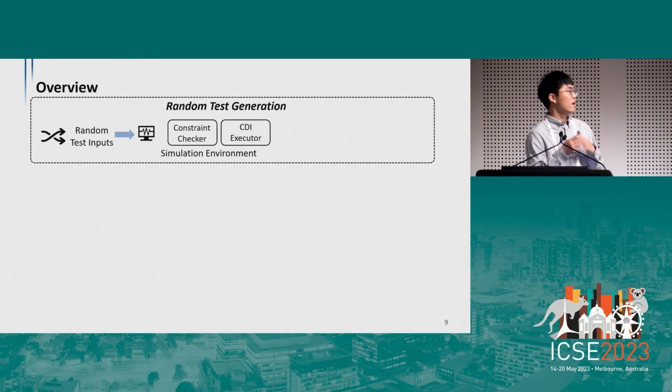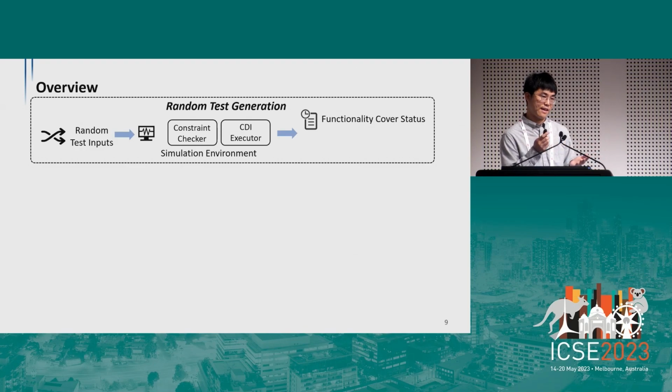We first randomly generate test inputs to cover the easy-to-cover functionality points and expose the last-mile functionality points. After the random test generation, we get the functionality groups that remain uncovered, and we get the valid test inputs. The valid test inputs are checked by the constraint checker in the simulation environment, and they are the training data for the following two components.